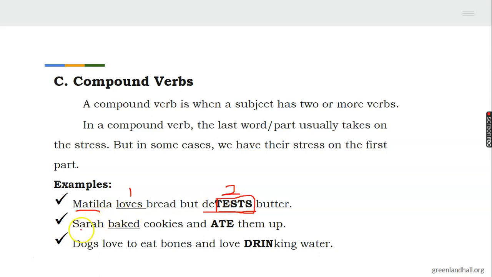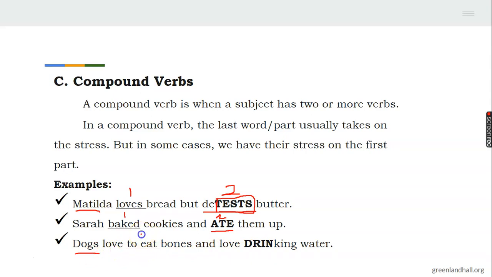Alright, look at this example again. Sarah baked cookies and ate them up. This is our first verb, and this is our second verb. This second verb carries the stress because it is a one-syllable word, and so it is written in capital letter and in bold font. Dogs love to eat bones and love drinking water. Dogs is our subject here.